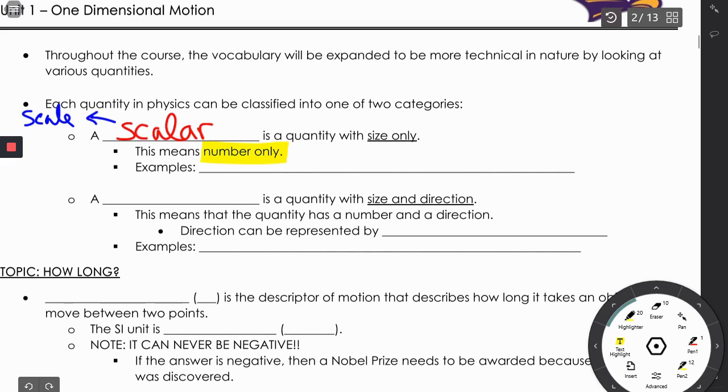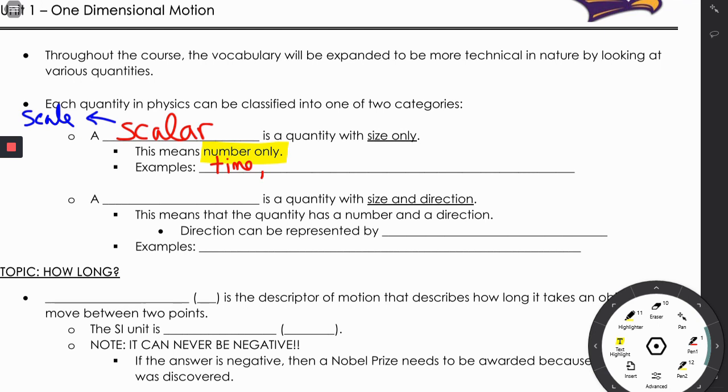Let me turn down that highlighter size a little bit. Sorry, I was covering up some of the text. So we're talking number only. Some examples of the quantities we're going to talk about: time is a scalar. It doesn't matter if time is positive or negative, or heading in the positive or negative direction.